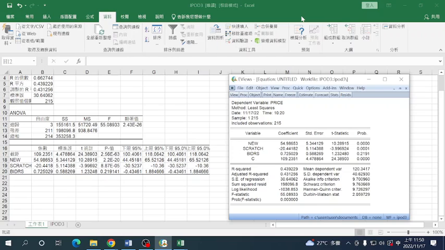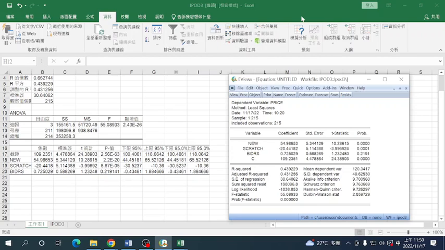Do you see this is the degrees of freedom? This is how we get 3 and 211. This 3 is in the numerator. This 211 is from the denominator. And all this table is called the ANOVA table. ANOVA stands for analysis of variance.